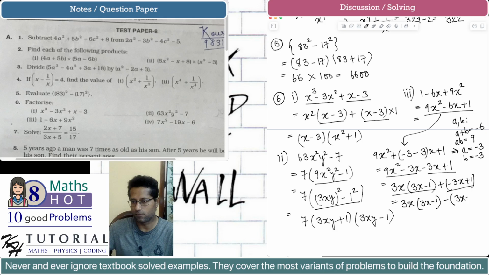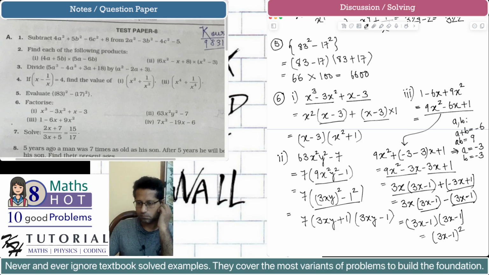Now I can see there is a common factor of 3x minus 1 from both the groups, and the final factorization will be 3x minus 1 multiplied by 3x minus 1, which is essentially 3x minus 1 whole square.